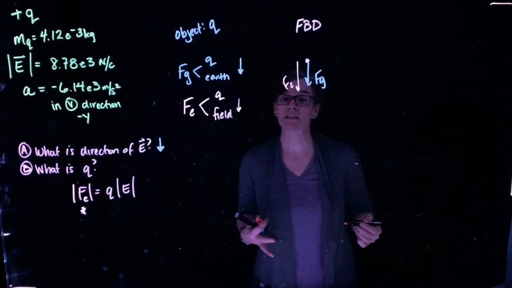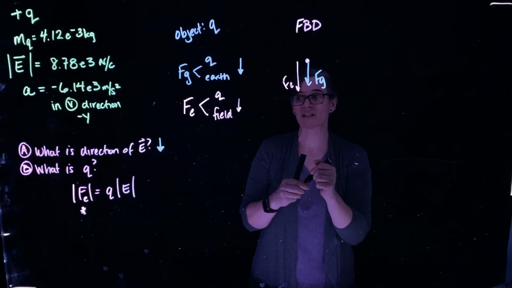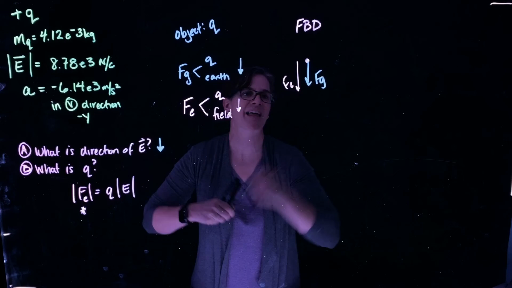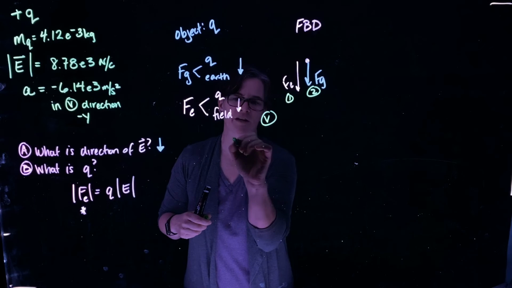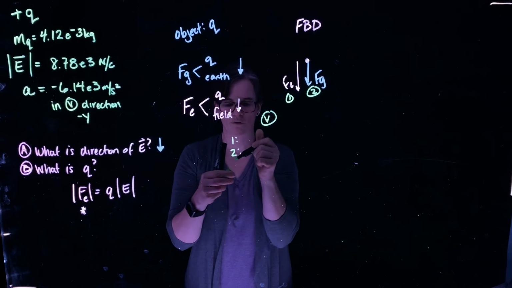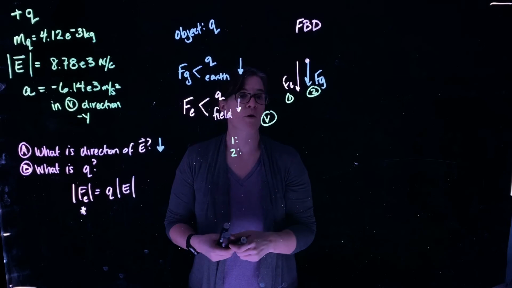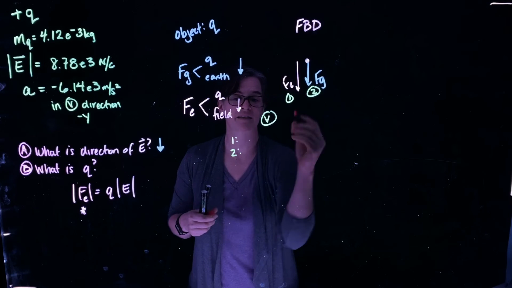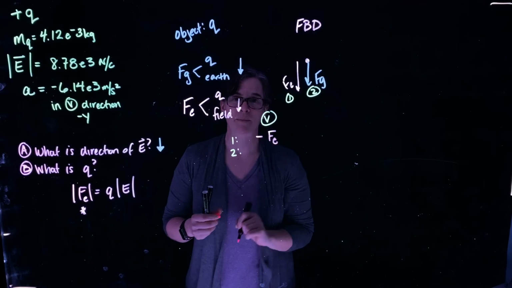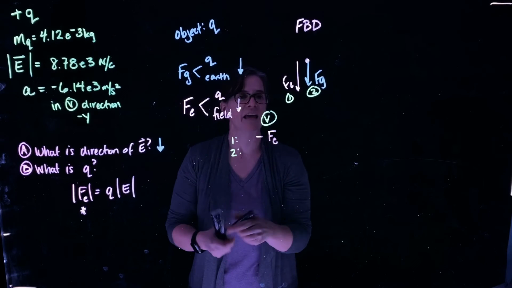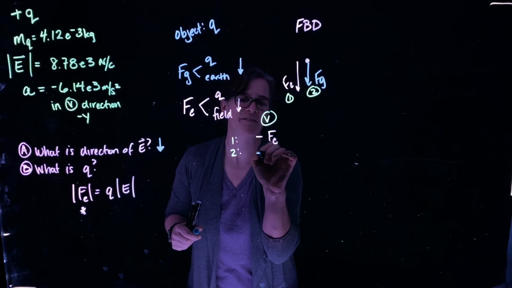Now I'm only dealing with forces in the vertical direction, so we'll go ahead and just analyze these two forces in the vertical direction. So we have force 1 and force 2. Force 1 is my electric force, so that's in the downward negative direction. And force 2 is my force of gravity.